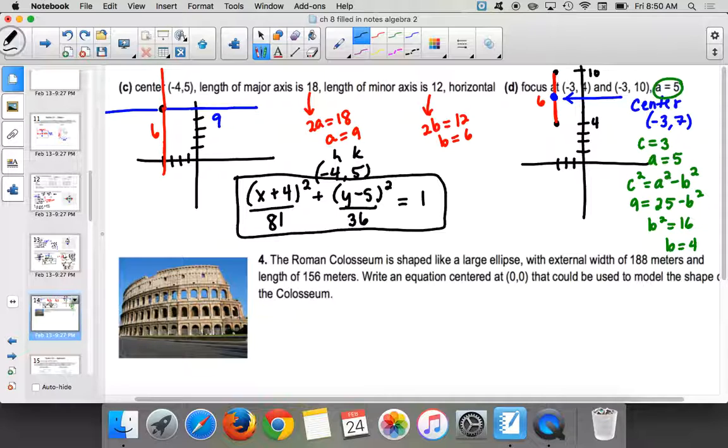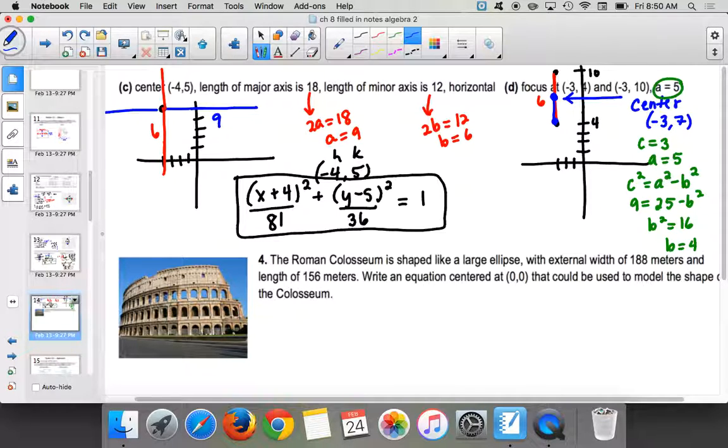And is it going to be vertical or horizontal? What are your thoughts? What do you think? How did I get the 7? Well, I got the center because I knew that if I was going from 4 to 10, I go up 6 units.